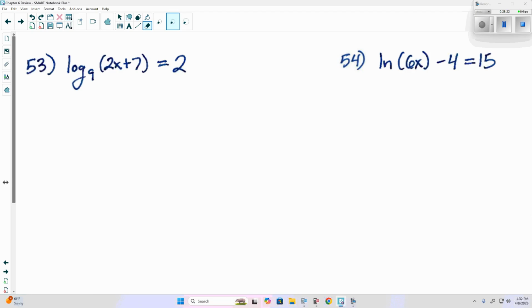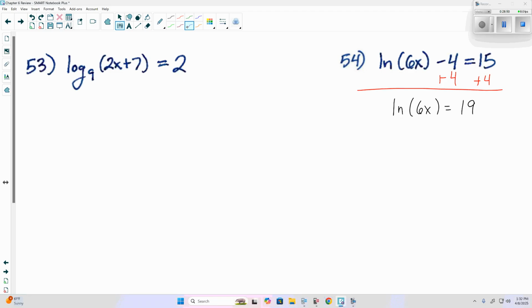54 is a little bit different because the natural log is not by itself. We don't have one term on either side, so we have to get one term on either side. To do that, we're going to add 4, telling us that the natural log of 6x is equal to 19.